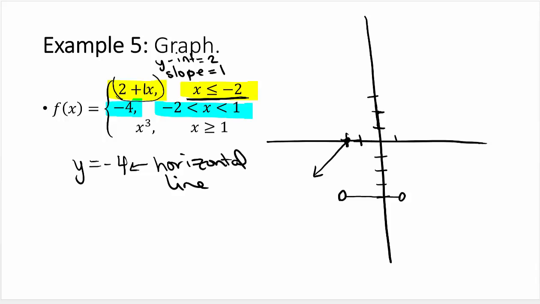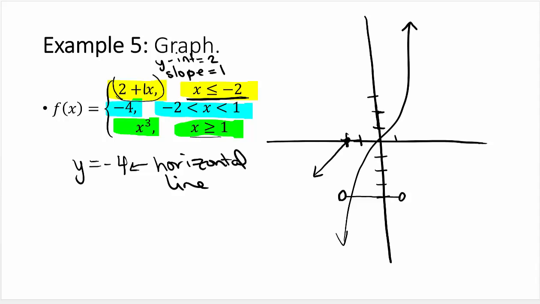Alright, so then the last part of our function is defined to be x cubed, and this is when x is greater than or equal to 1. If we look at x cubed, that was one of the basic function graphs that we talked about. So again, hopefully you have an idea of what that graph looks like. And if we draw our x cubed graph, it kind of looks like this, right? So then we kind of say, okay, well that's the graph of x cubed for the entire domain.